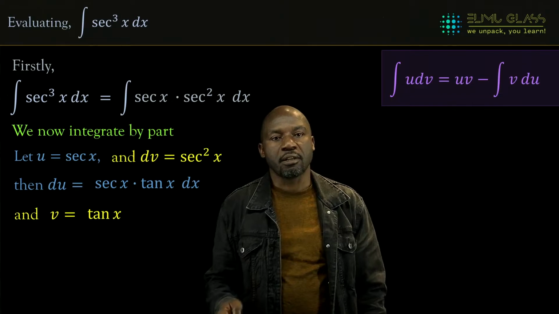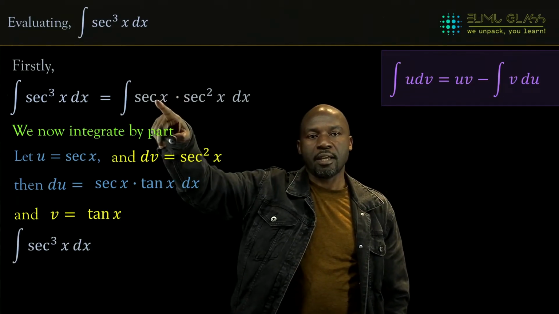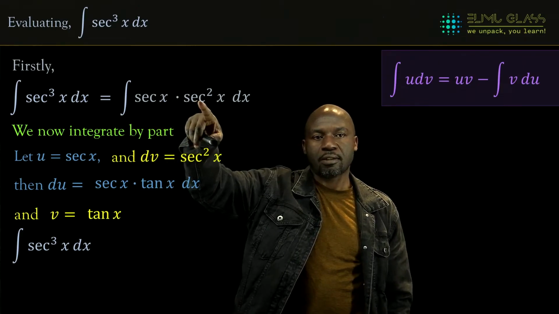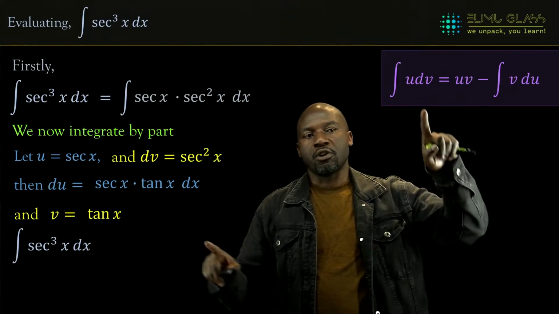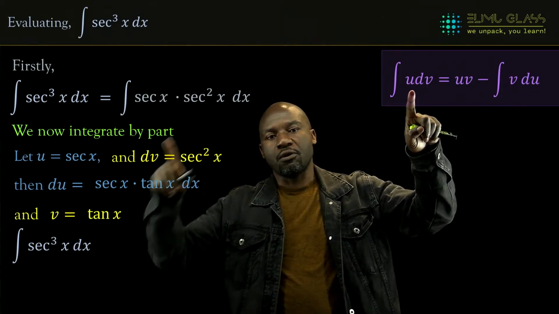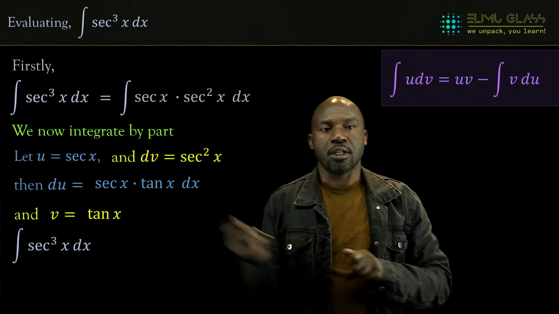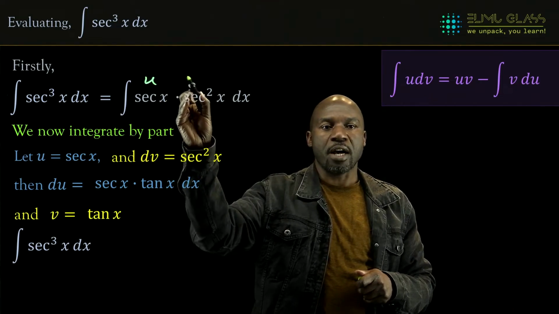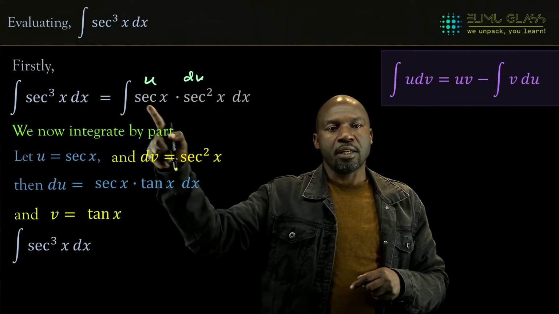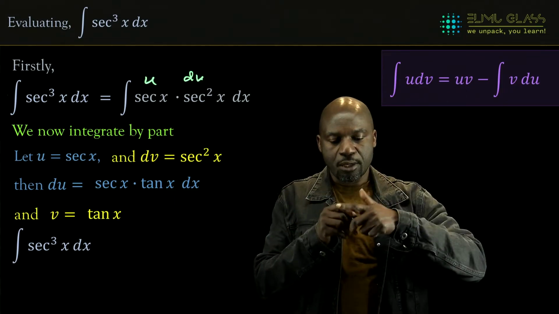Therefore the integral of sec³ x is the integral of sec x times sec squared of x dx. This is the integral of u dv, where this is my u and this is my dv. The integral of u dv is going to be u times v.